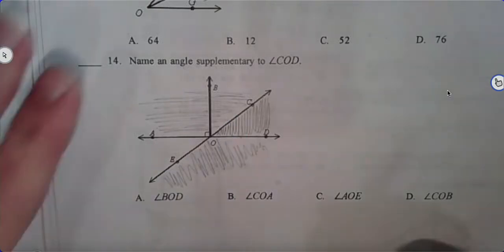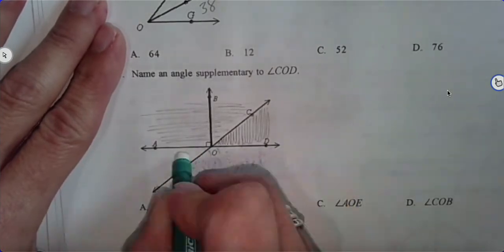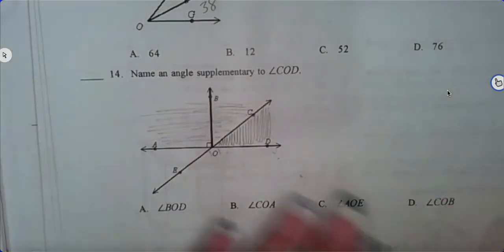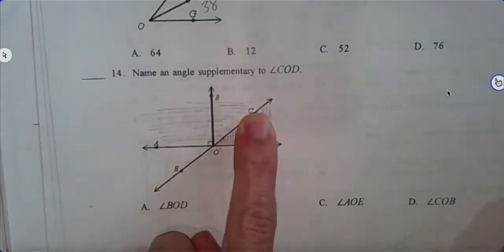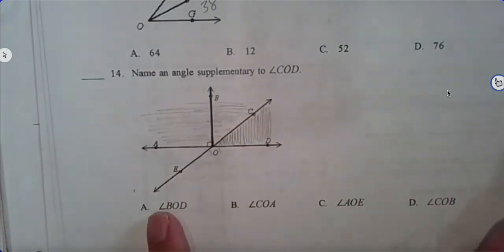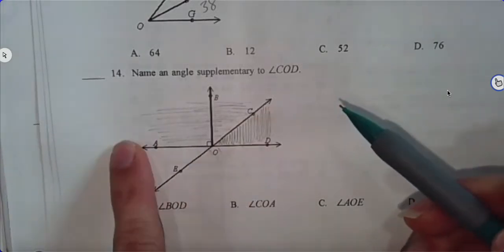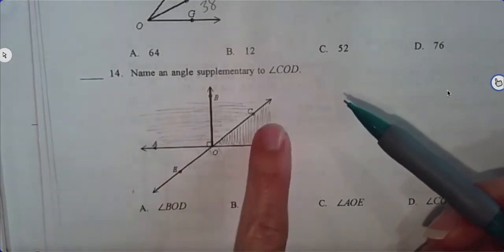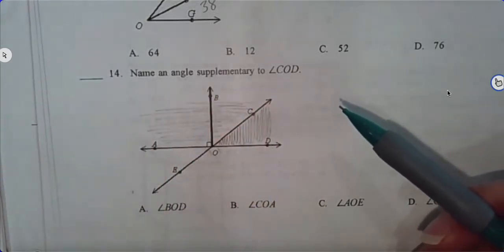It's B. This one wasn't an answer choice, so I'm going to erase it. AOC, COA, same thing. This one and this one together make a straight line.